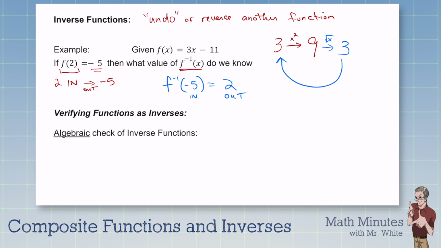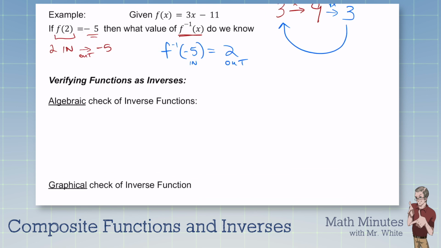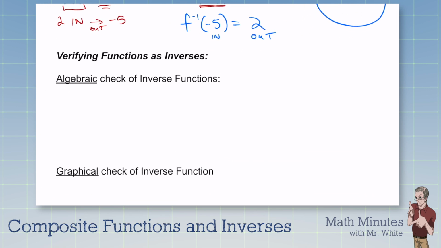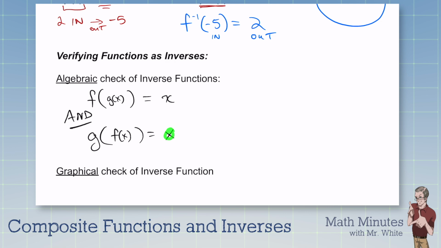Verifying functions as inverses. So how do we check to see that two functions actually do undo one another? All right, there's two different ways. The algebraic check is that you take f of g of x, okay, and it needs to simplify to x, and you also need to check the other way around, if you put g of f of x and you work it all out, it will simplify to simply the number that you start with, which we're calling x.